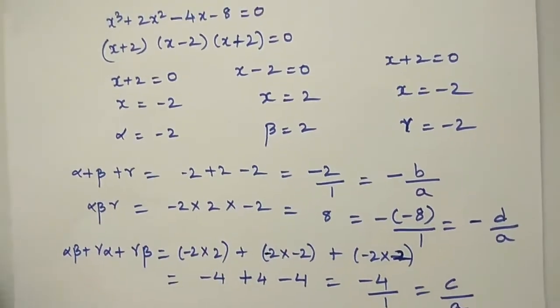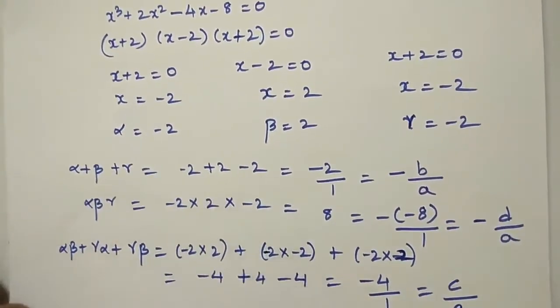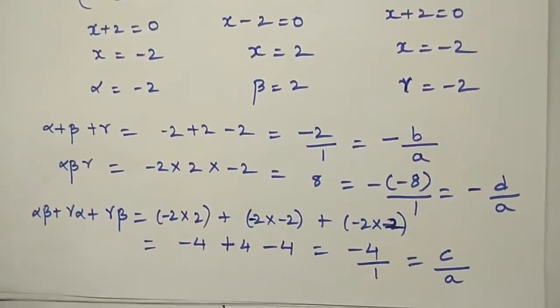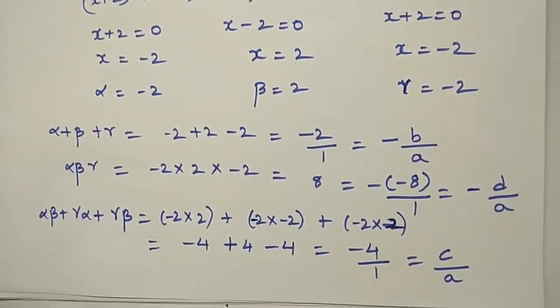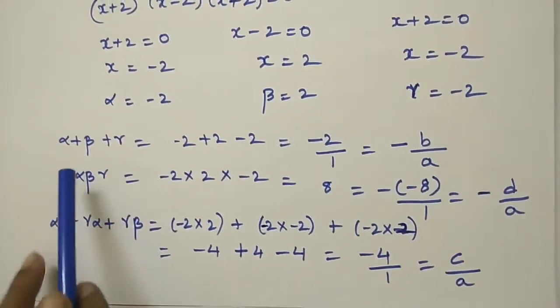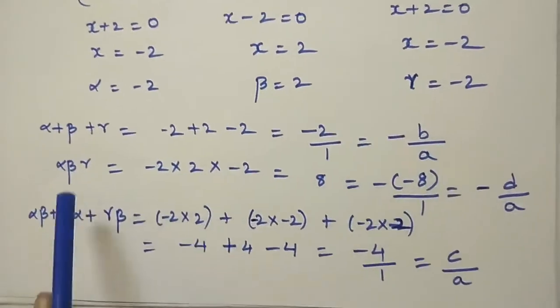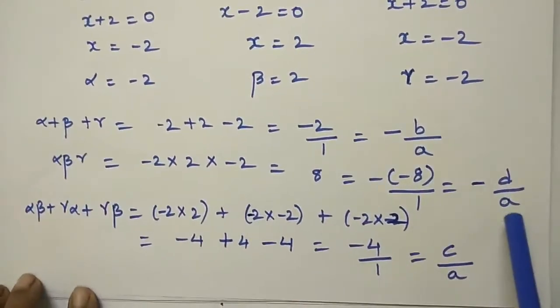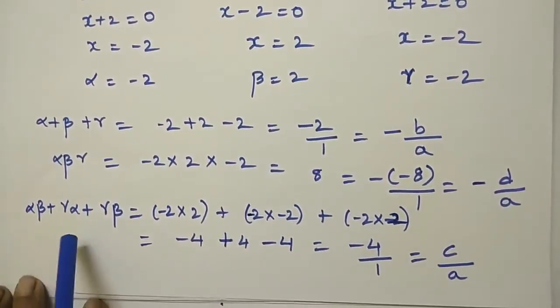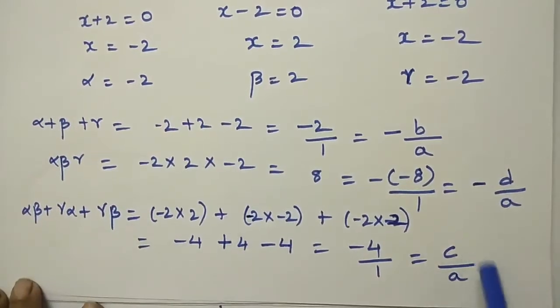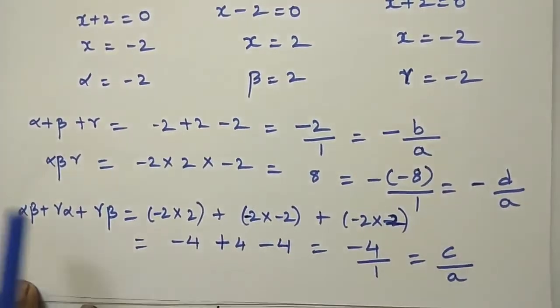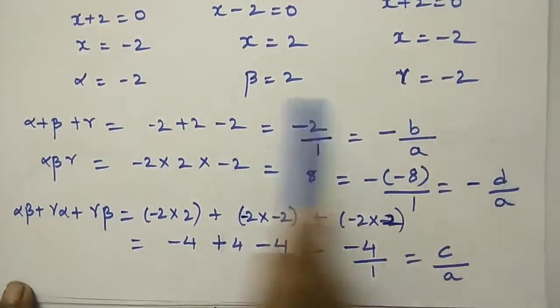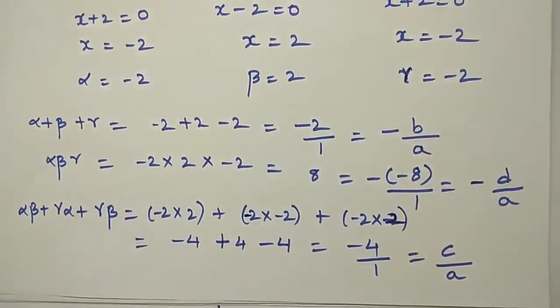So we have verified the three relations which we got in the general cubic algebraic expression: alpha plus beta is equal to minus b by a, alpha beta gamma is equal to minus d by a, alpha beta plus gamma beta is equal to c by a. Those three relations we got same as in the case of the general algebraic expression for a cubic polynomial.